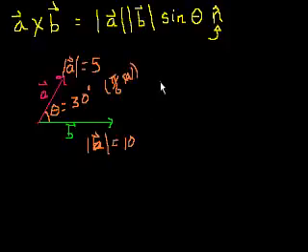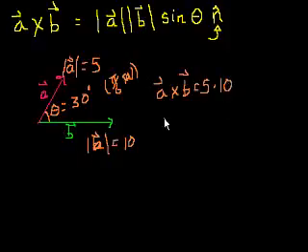So what will be A cross B? A cross B is going to equal the magnitude of A, so the length of this vector, so it's going to be equal to 5, times the length of this B vector, so times 10, times the sine of the angle between them. And of course, you could have taken the larger, the obtuse angle.